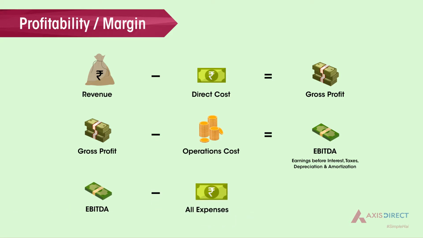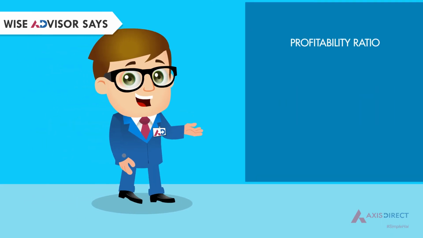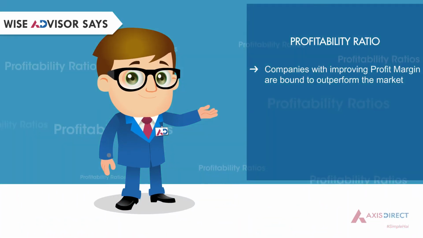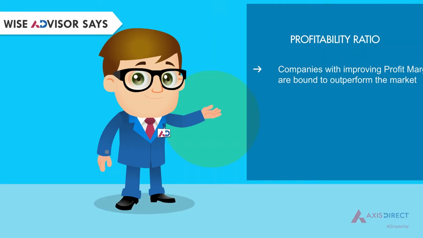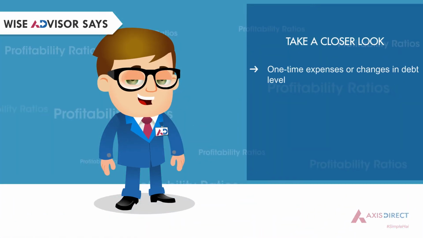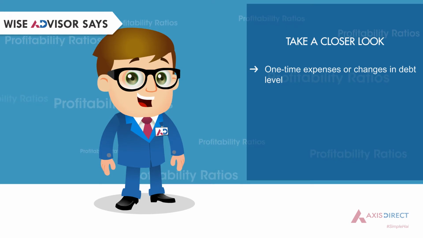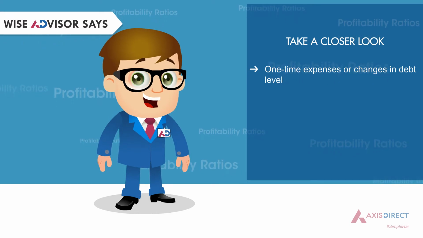EBITDA less all expenses including depreciation and amortization, interest and taxes is equal to net profit. Companies with improving profit margin over time are bound to outperform the market. You need to take a closer look at one-time expenses or changes in debt level as they influence margins.